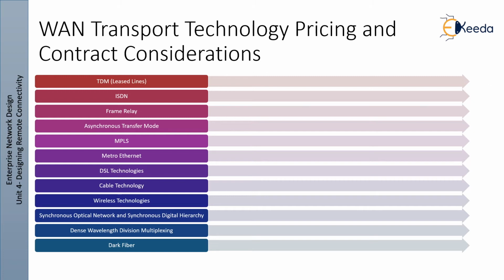For frame relay and ATM, typical charges include a combination of an access circuit charge per PVC and possibly per bandwidth committed information rate, that is CIR, or minimum information rate, MIR, charges. Some carriers have simplified these rates by charging based on the access circuit and then selling CIR or MIR at half that speed.